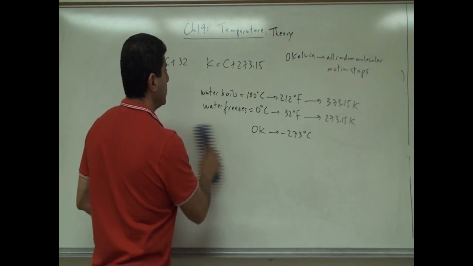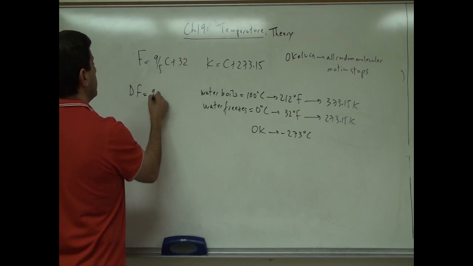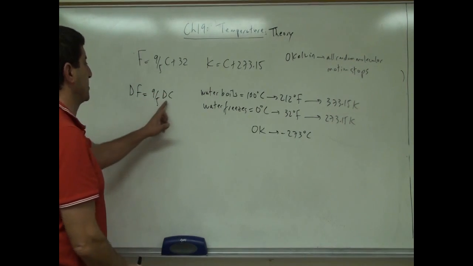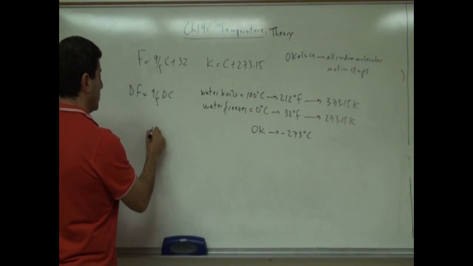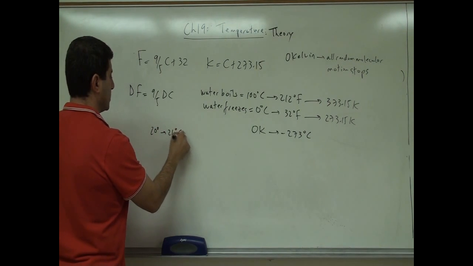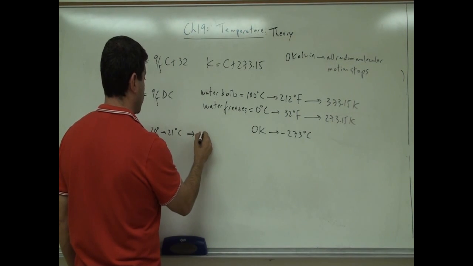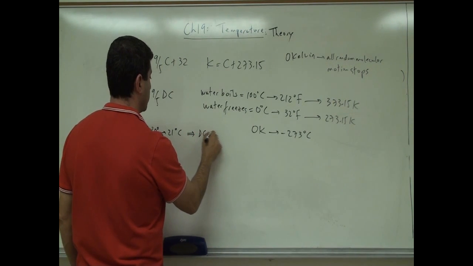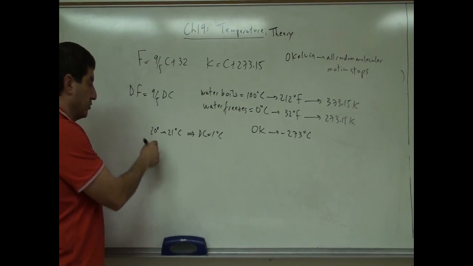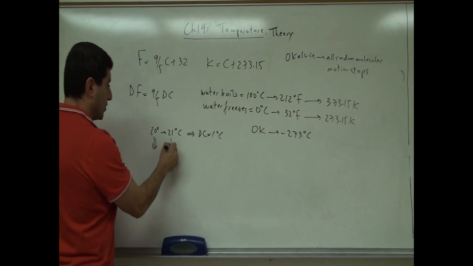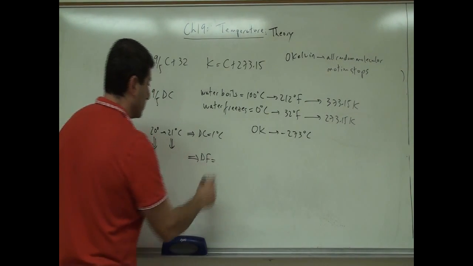The other thing that we see from here is that a unit change in Fahrenheit is equal to 9/5 times a unit change of Celsius, right? So if you go from 20 Celsius to 21 Celsius, you've basically gone up by 1 Celsius, right? Delta C is equal to 1 Celsius. Well, whatever Fahrenheit the 20 is, we can calculate what that is, and wherever Fahrenheit 21 is, the delta F is going to be what?